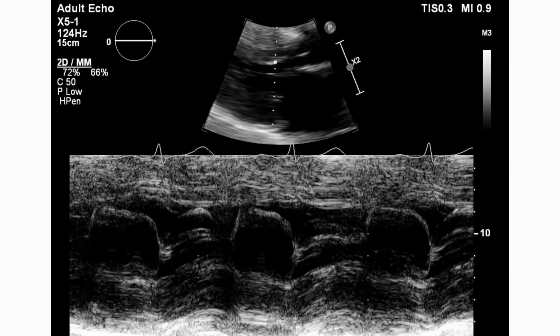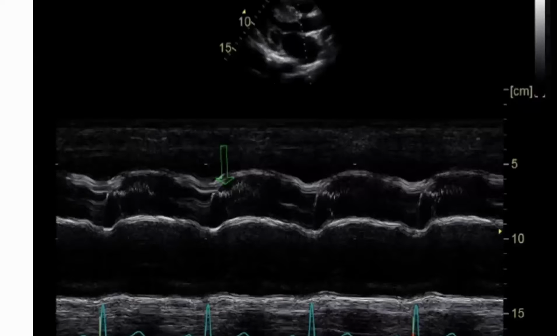a pretty blunt marker of the severity of obstruction, but it can be used if you're concerned about whether SAM is materially contributing towards your hemodynamic status. The other hallmark M mode sign that you're all probably aware of is this mid-systolic closure of the aortic valve leaflets as the outflow tract gradient rapidly ramps up during the mid to late systole.